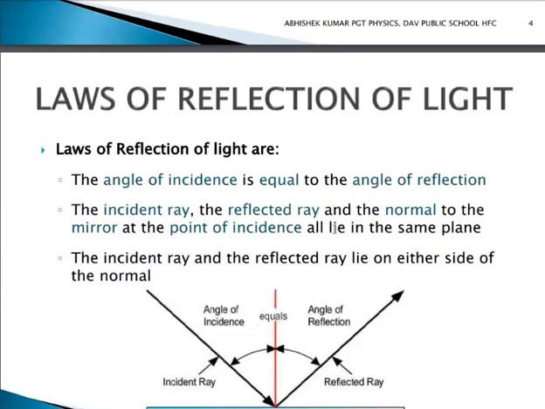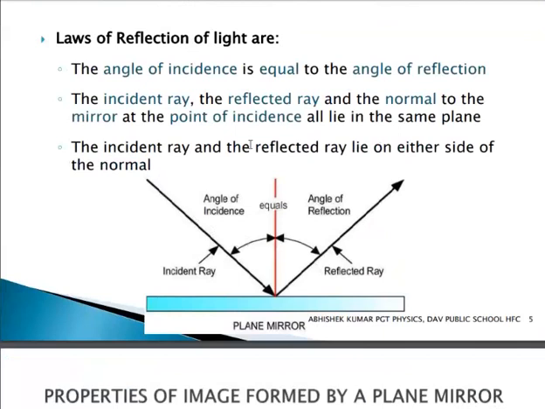These are the statements for the law of reflection. And the incident ray and reflected ray lie on either side of the normal, not on the same side. One more thing that you have to remember, that incident ray and reflected ray must lie on either side of the normal.